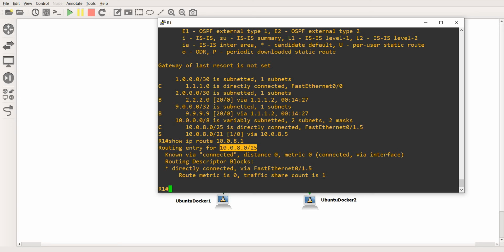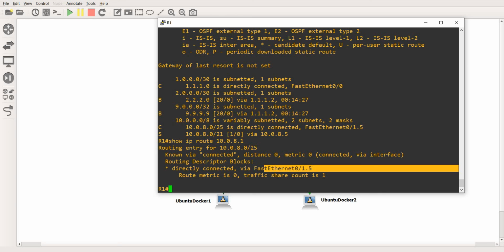You don't have to do some math to figure out which route the router is going to use because by using this command here. So known via connected. So we know that this route is known via connected, and it is directly connected and via this interface here.